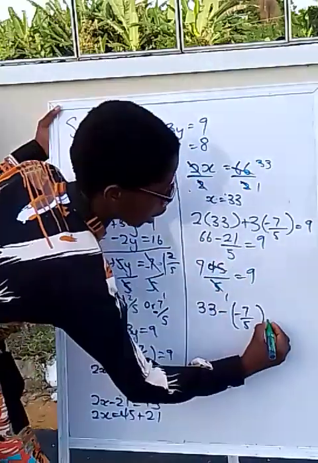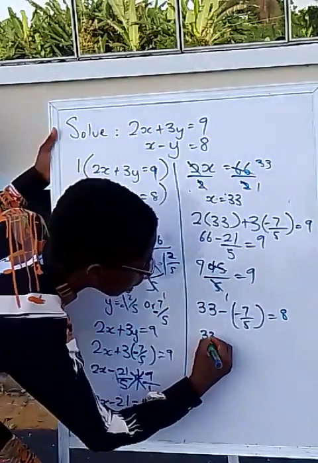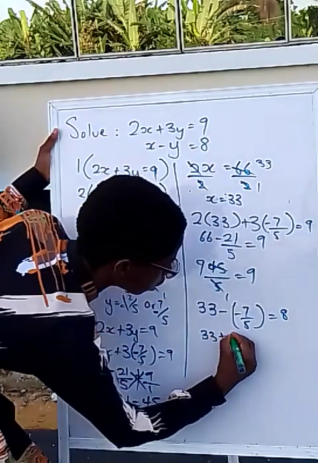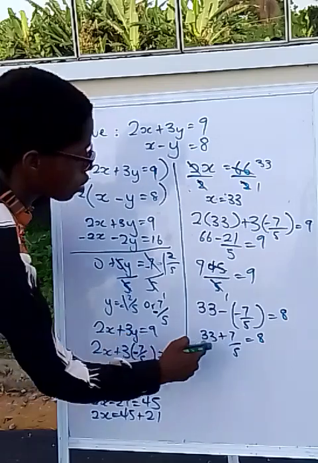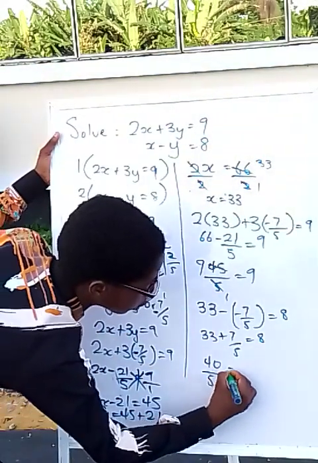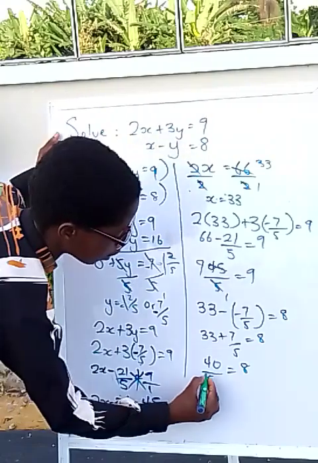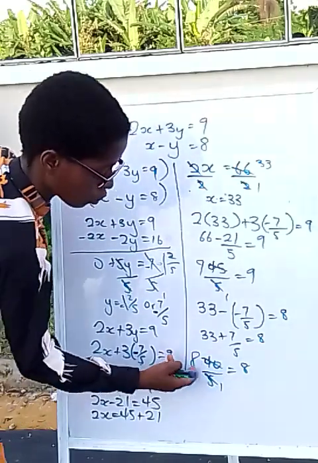So 33, minus times minus is plus, 7 over 5 equals 8. So 33 plus 7 is 40. And 40 over 5 equals 8. So 5 in itself is 1. 5 in 40 is 8. Now you can see we've gotten our 8. So our answers are very correct.